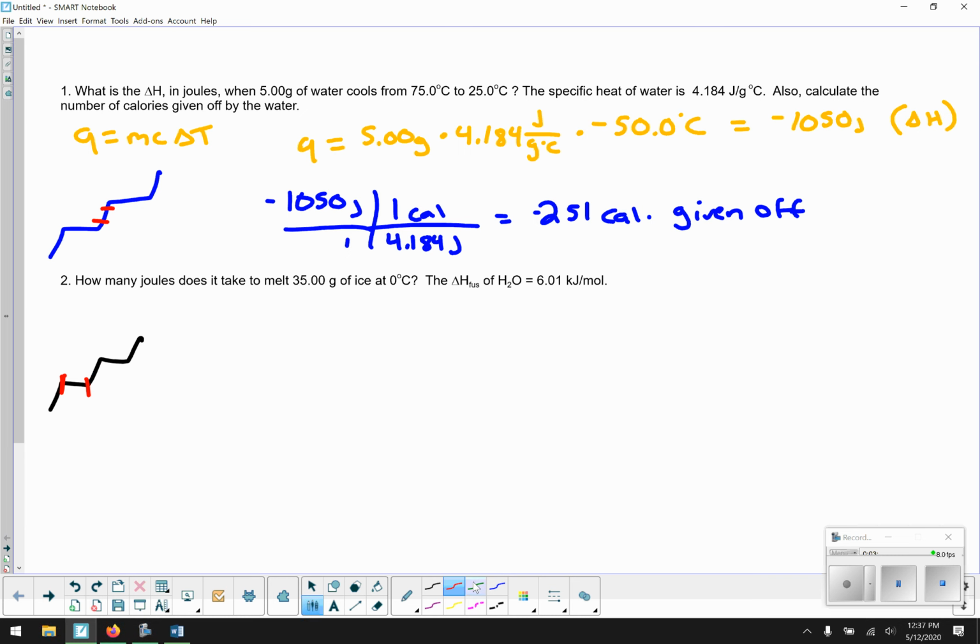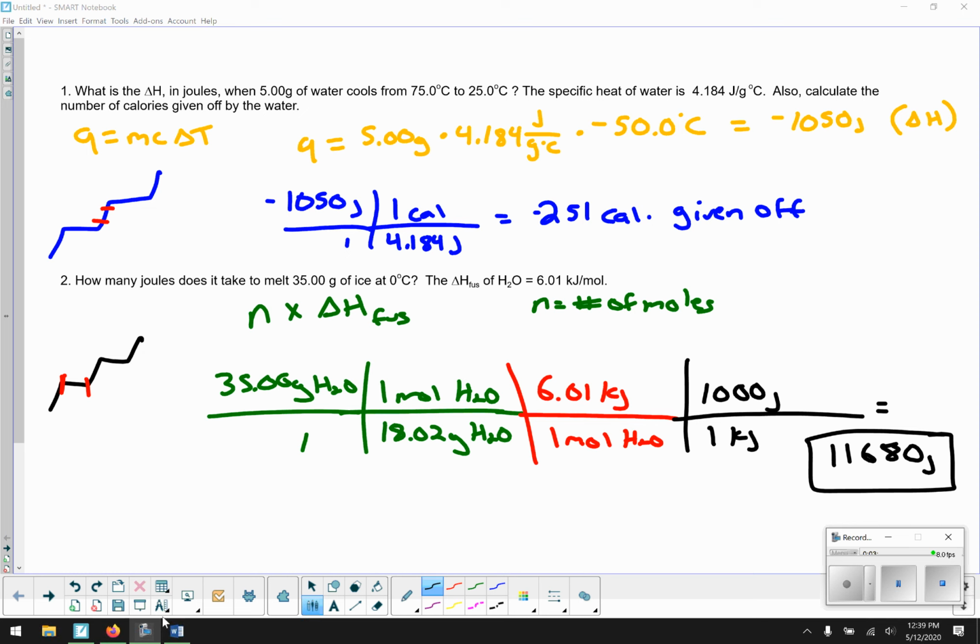And whenever you're doing a state change and not a temperature change, your equation is going to be N times, in this case, delta H fusion. If it was boiling, it would be delta H vaporization, and N is number of moles. So the delta H fusion of water is given here. So I'm going to set up this equation and come back.